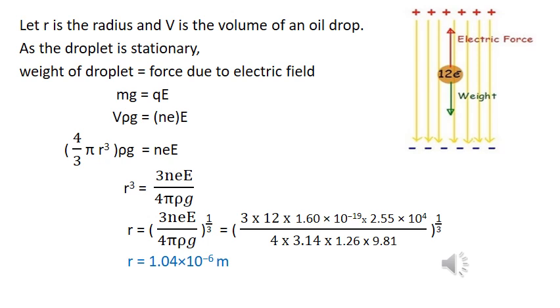By rearranging this expression, we can write r is equal to 3nE upon 4 pi rho g whole to the power 1 by 3, or cube root of 3nE upon 4 pi rho g. On putting all the values and solving, we get the radius of the oil drop equal to 1.04 into 10 to the power minus 6 meter.